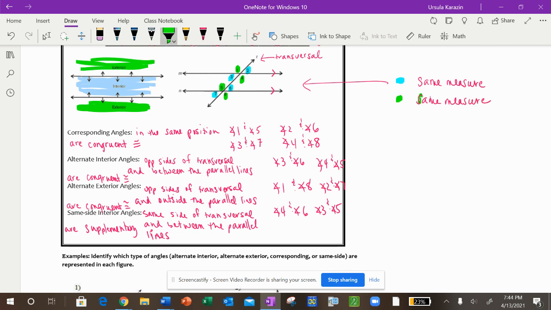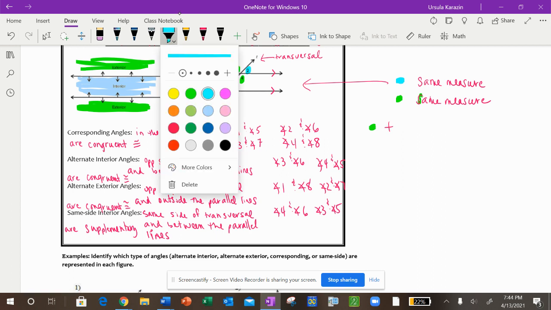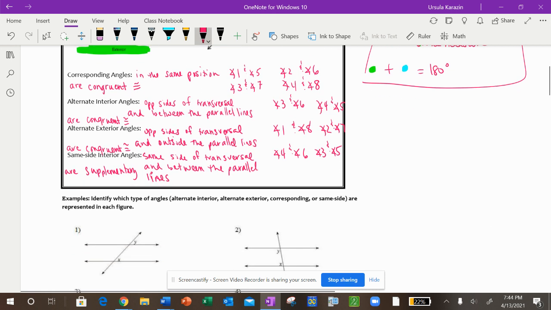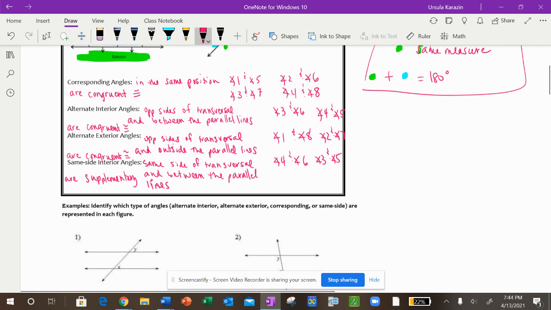And if you take a green and add it to a blue, you'll get 180 degrees. So this little box here is very helpful.